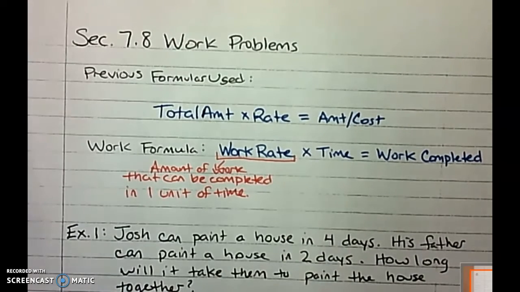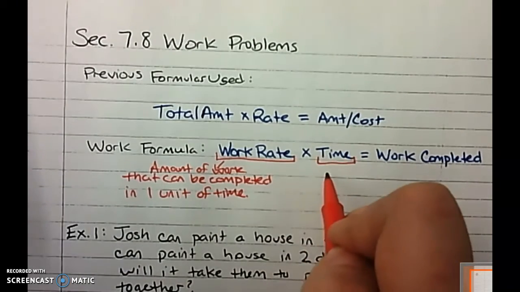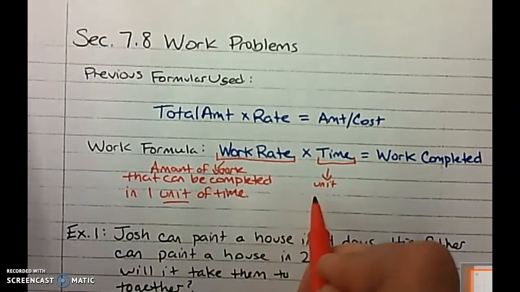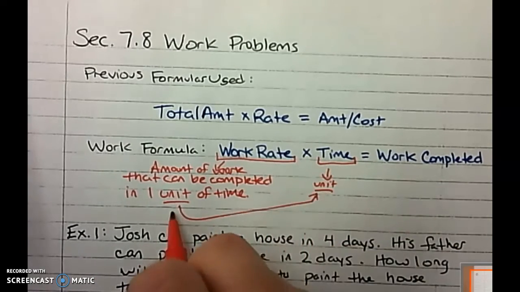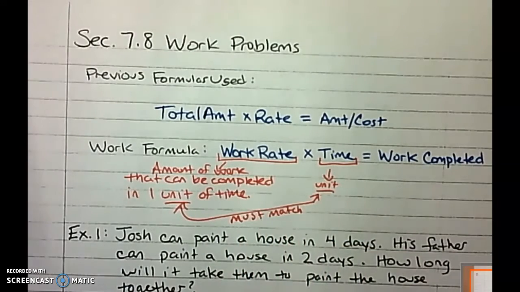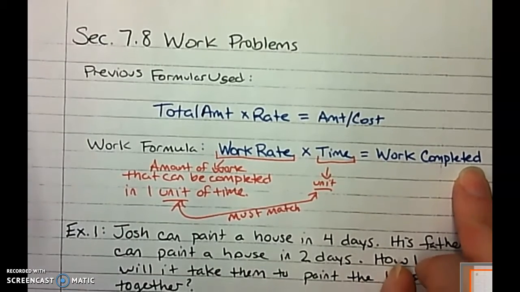So however much work can be completed in 1 hour or 1 day or 1 week or 1 month, whatever that unit of time is. Now, make sure that the unit of this time matches the unit of that time, okay? So these must match. You might have to convert minutes to days or whatever you need to do to make sure those units match. Once we multiply those together, that's going to say how much work was actually completed.